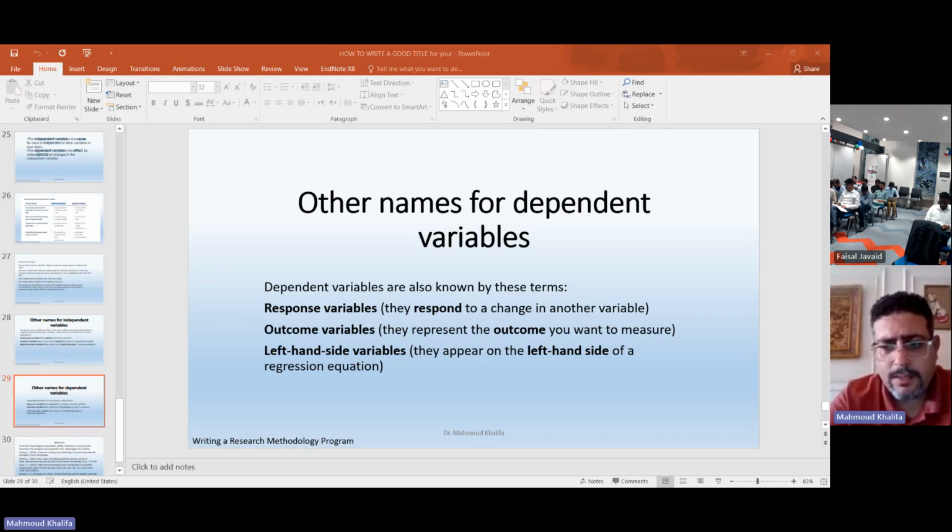Don't forget that the practical was about issues, about processes, about performance, or about efficiency. Now, examples of theoretical research.